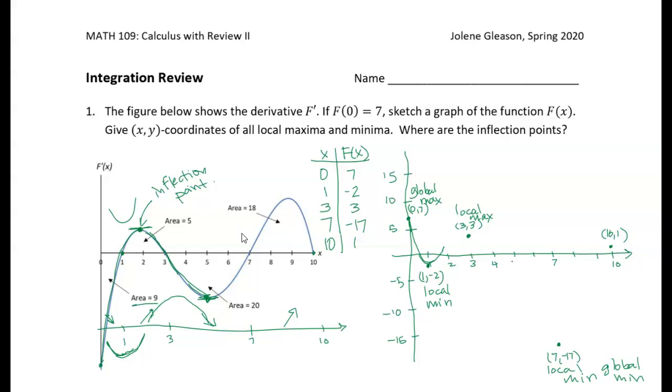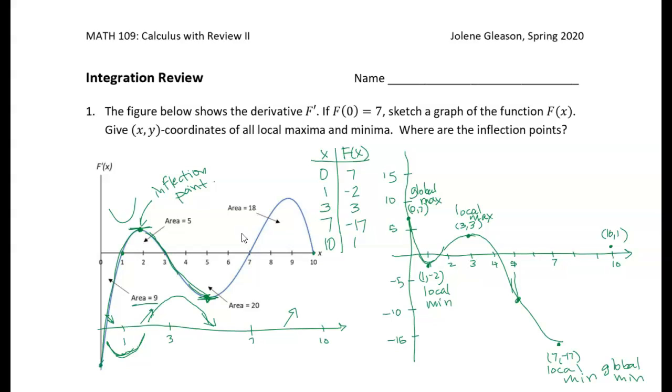So 4, 5. Okay, so let's see. We're concave down until about 5. But we somehow have to get all the way over here. So we can't get the exact inflection point, but let's see if I can just sort of draw that. So it's going to be that, and then about 5 we switch to concave up.